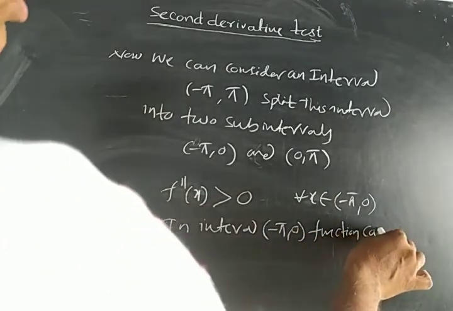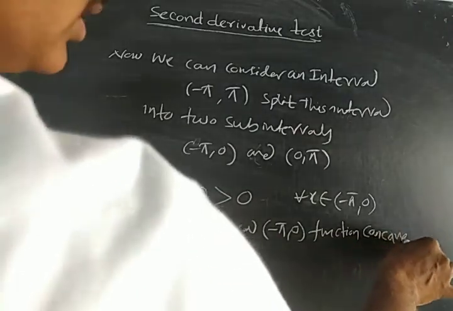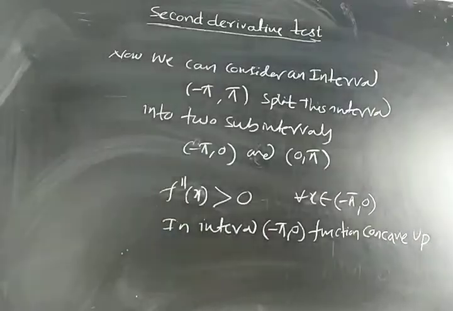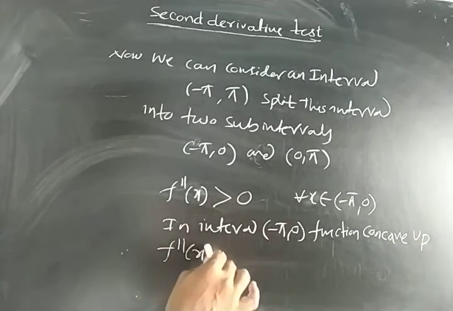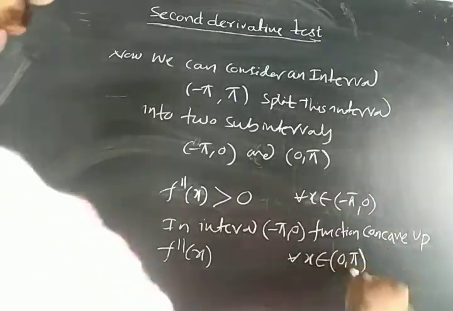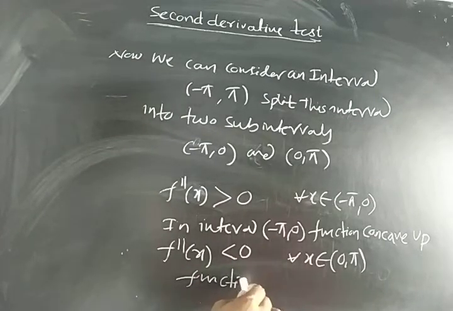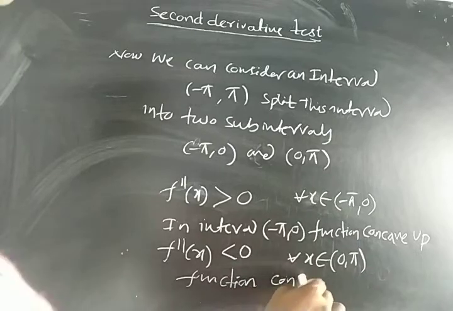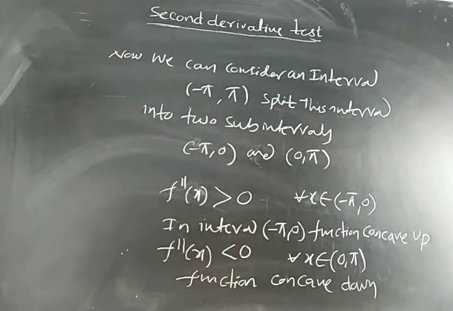is concave up. Okay, and in the other interval, 0 to pi, f double dash of x will be less than 0, so the function is concave down.